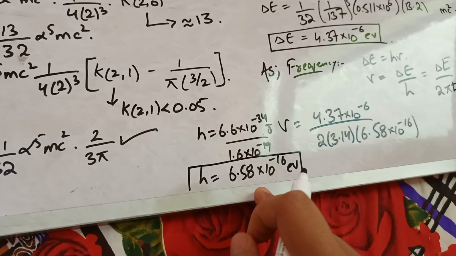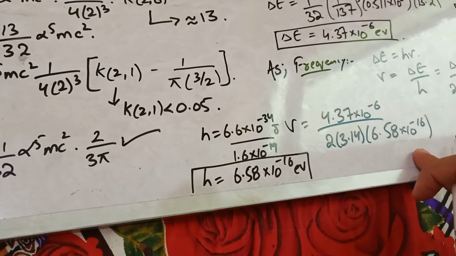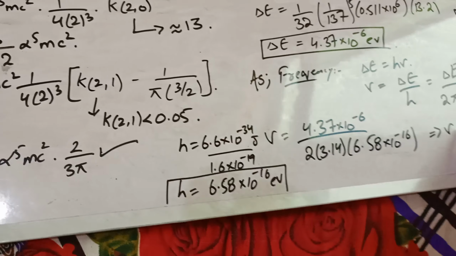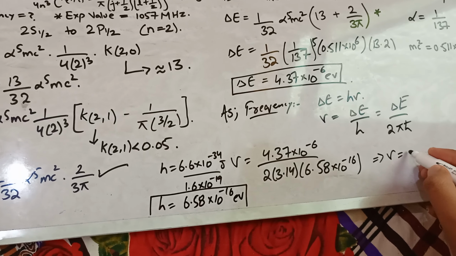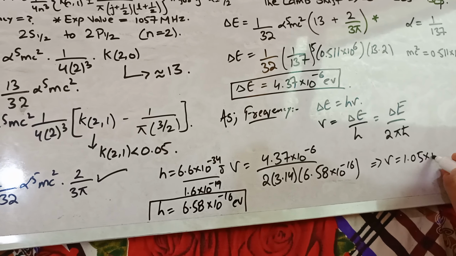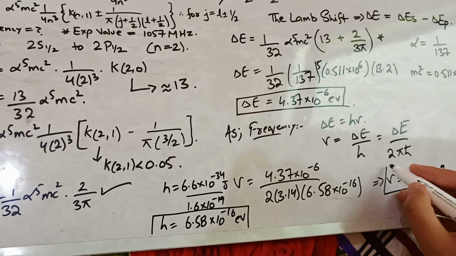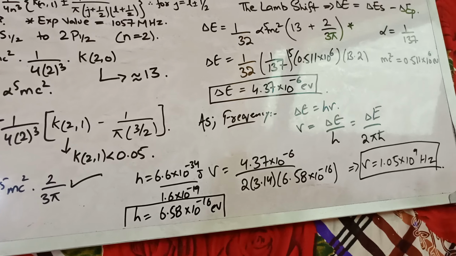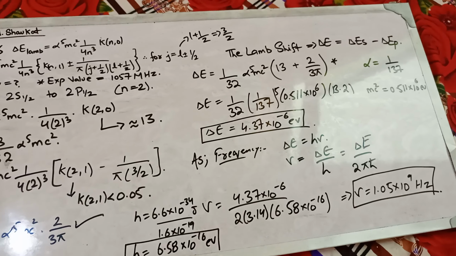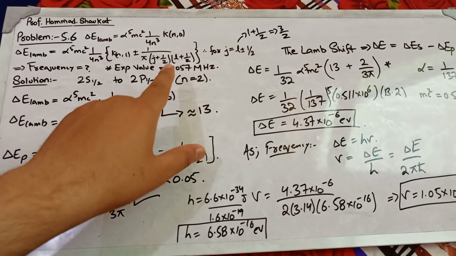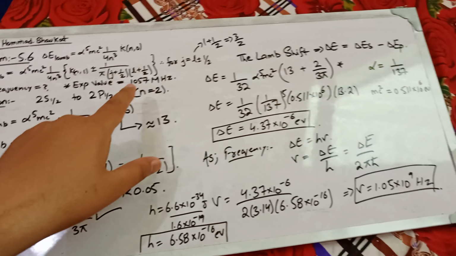After putting this value here, you will get your final answer, and the frequency mu equals 1.05 into 10 raised to power 9 hertz. So this is the numerical value we find, and you can see the experimental value is also given. This is approximately equal to this.